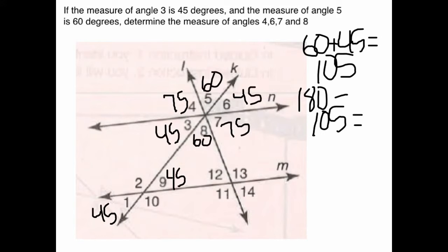Now, to figure out angle 2 and angle 10, I'm going to go back to my supplementary rules. They're along a straight line. So, the value of angle 2 will be the supplement of angle 9. To figure that out, I'm going to do 180 minus 45.